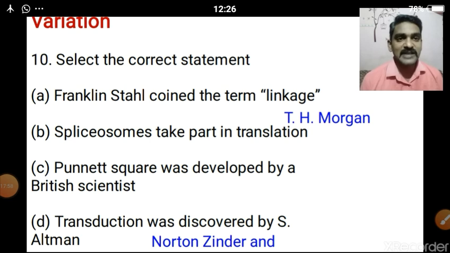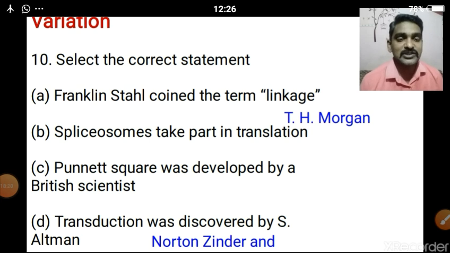What is translation? Translation is the production of proteins from RNA. Formation of protein from RNA is called translation. But spliceosomes will not come there. Where will they come? They come in post-transcriptional modifications. In eukaryotic regulation, genes contain introns as well as exons.